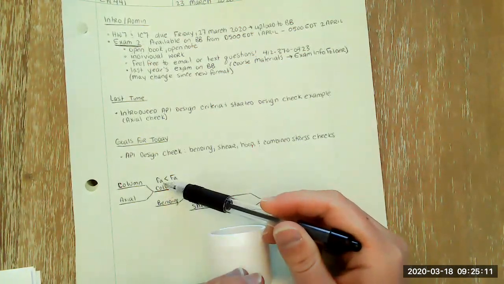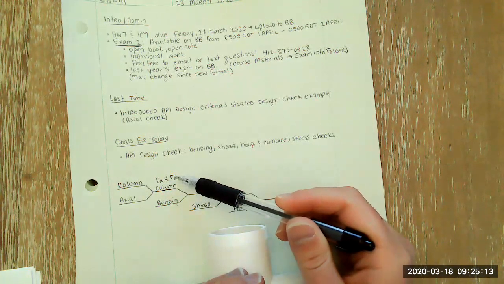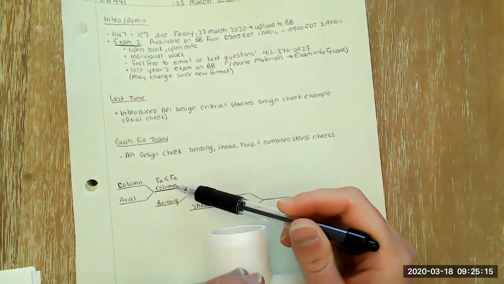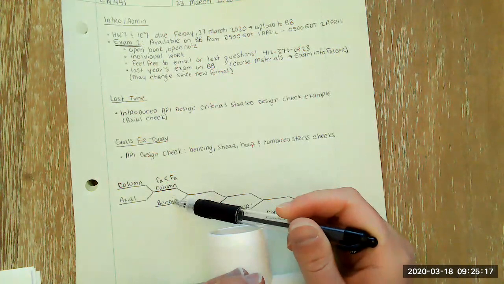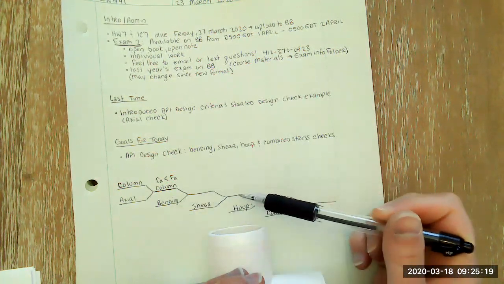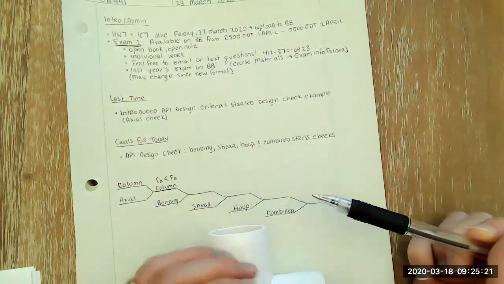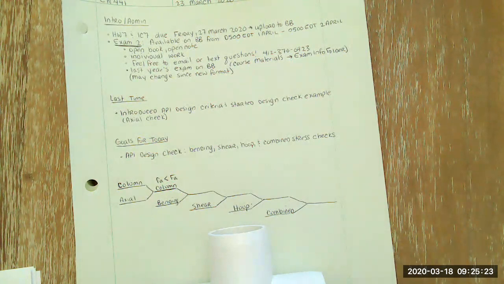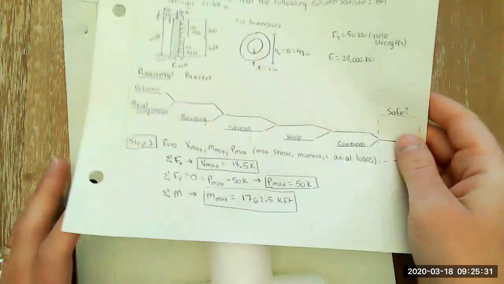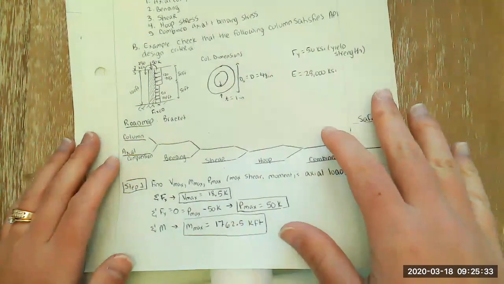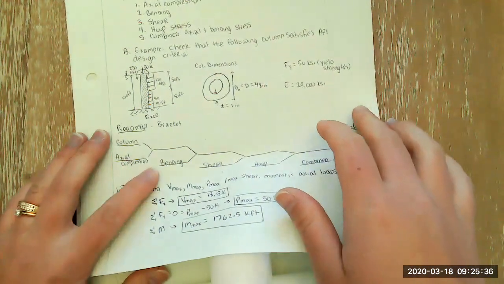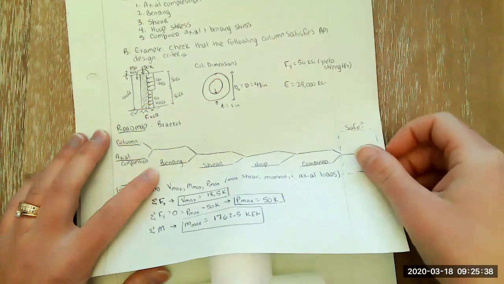Since our actual stress was less than our allowable stress, our column advanced, and now we have to complete the bending check, the shear check, the hoop stress check, and the combined stress check. So just as a bit of a refresher, and I'll post these combined notes to today's lecture, here was our example problem. These are the notes from last time. And we just want to check that this column satisfies API design criteria.